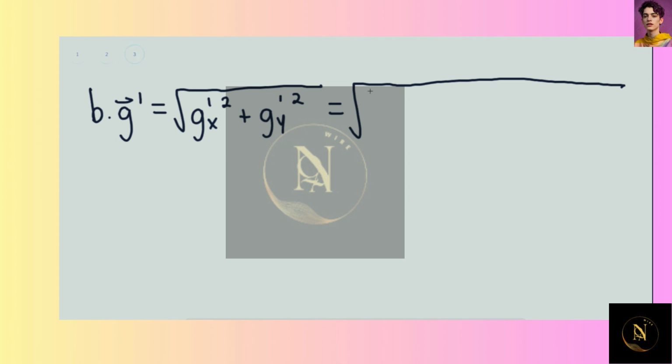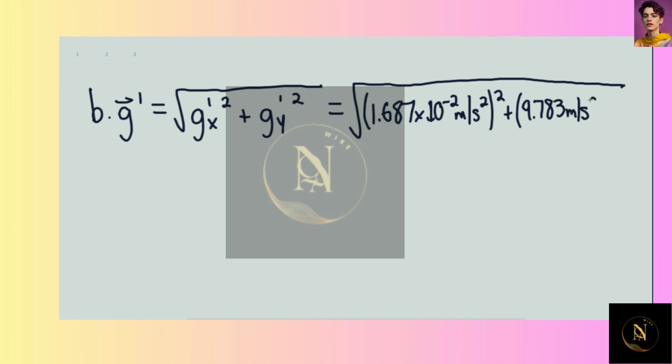And so this would be 1.687 times 10 to the negative second meters per second squared, quantity squared, plus 9.783 meters per second squared, quantity squared. And so g prime would equal 9.78 meters per second squared.